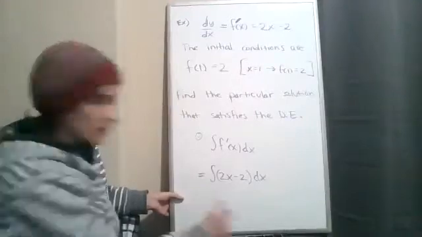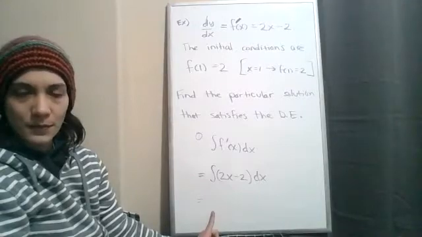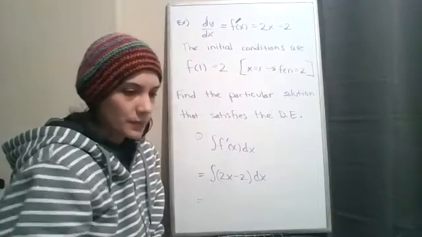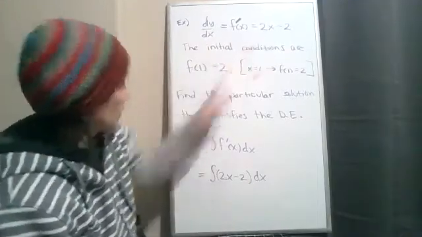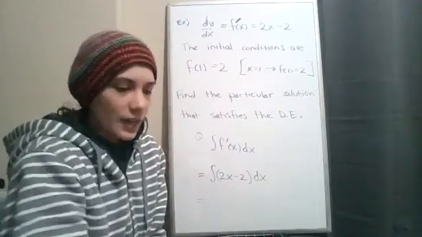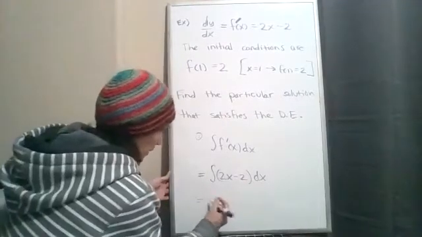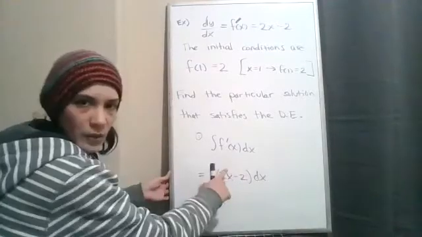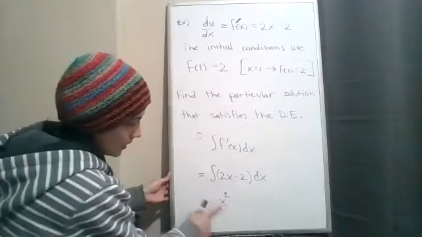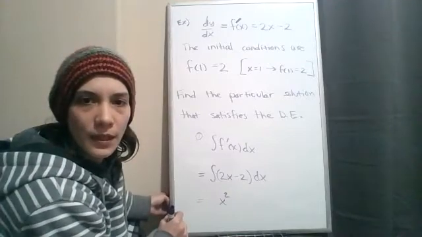Someone want to start this? 2x minus 2, 2x minus 2. Thank you. Okay, I've got 2 times x to the power 2 over 2, which would leave x squared, which I think someone posted, right? Let's try that again.